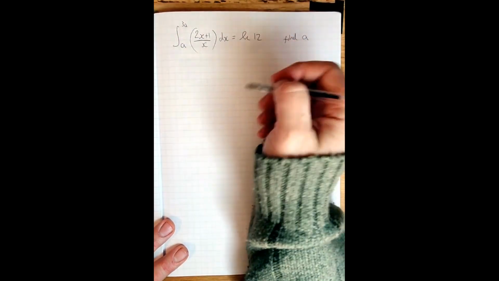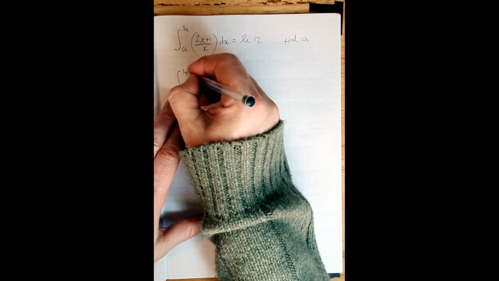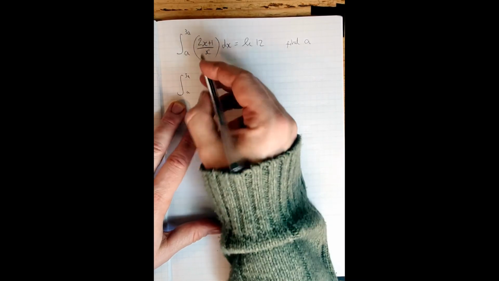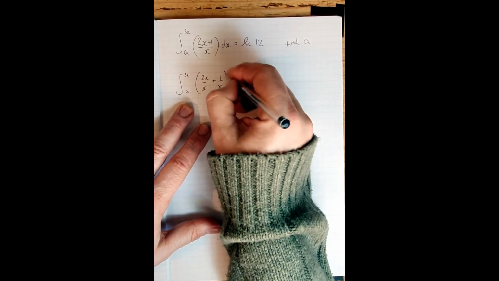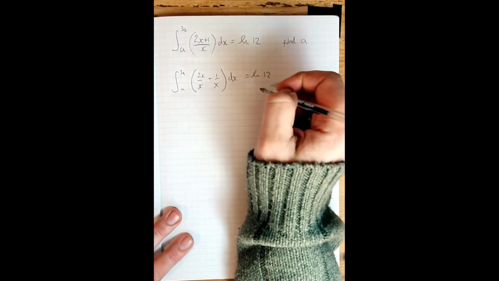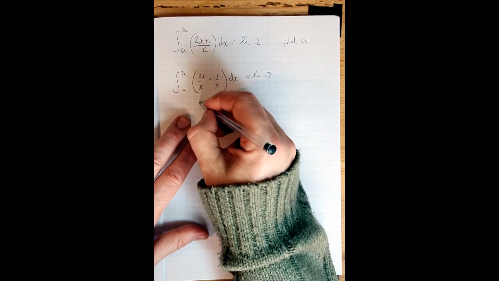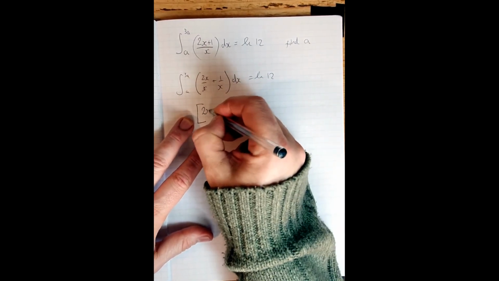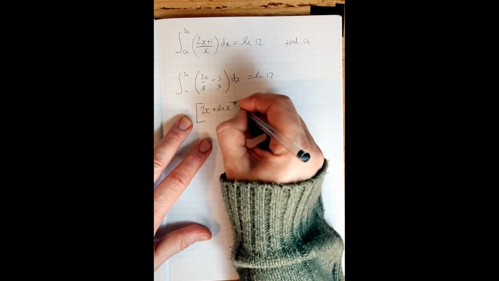Well, let's simplify first. So the integral of, I'm going to split this into two fractions, 2x over x plus 1 over x, that's standard. Now 2x over x, that's just 2, so integrates to 2x. 1 over x integrates to ln x.